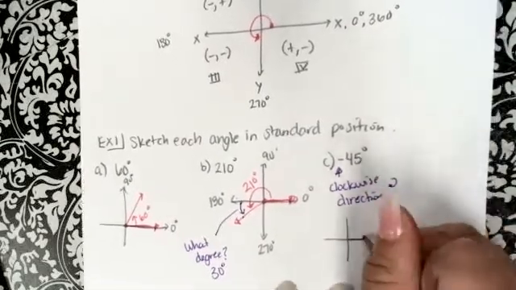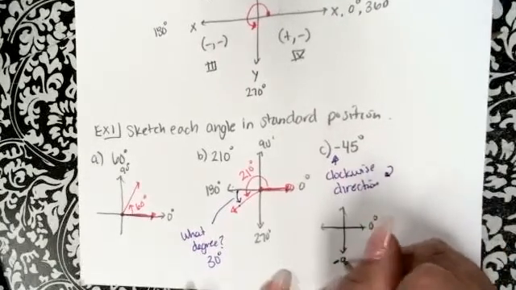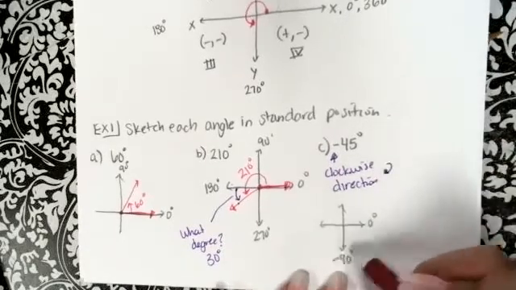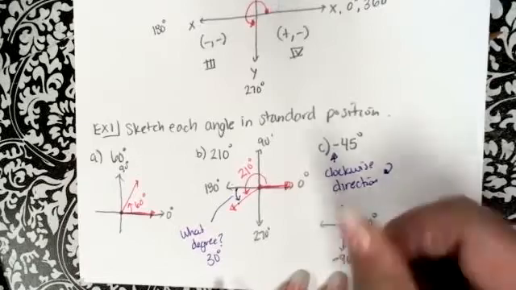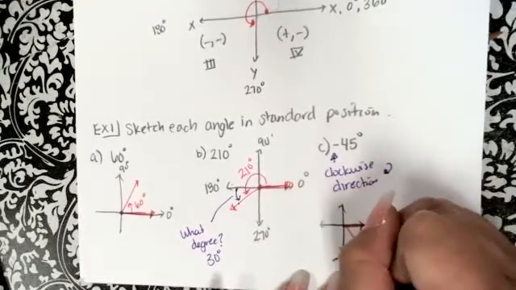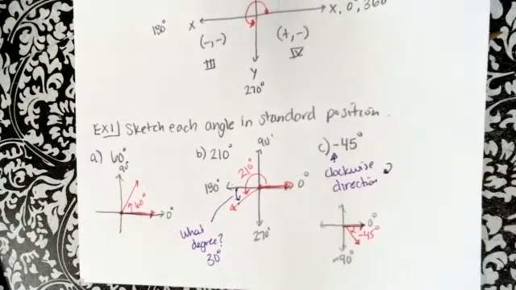So now, here, this would be 0 degrees. Down here, this would be negative 90 degrees. So negative 45 is between 0 and negative 90. So I'm going to still start here. However, I'm going to go this way. So that right there is negative 45 degrees.